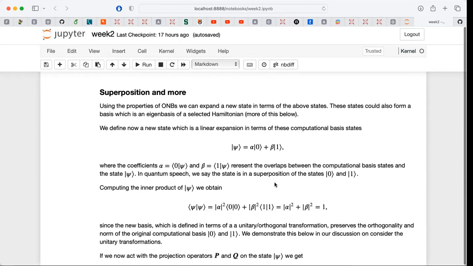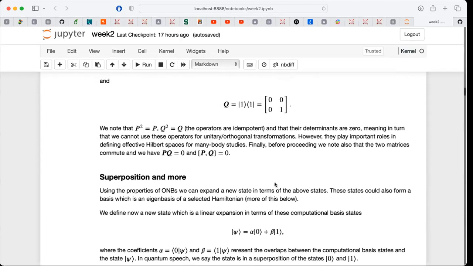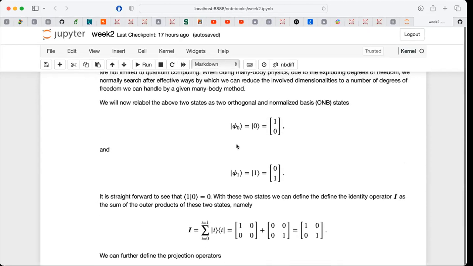Now, I'm going to stress again and again this term computational basis. The computational basis, the way we have defined it here, is a simplification. If you look at a realistic system, you will have an infinity of such states. Normally when we are looking for candidate systems for making quantum computers, we're looking at systems which exhibit two well-isolated states, which we can use as computational states for quantum computations.